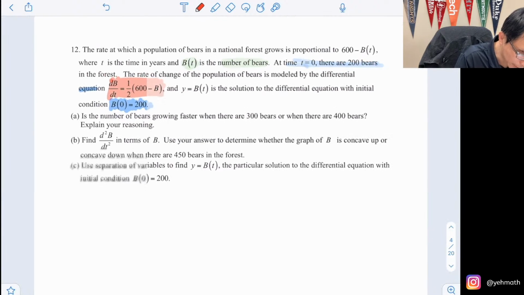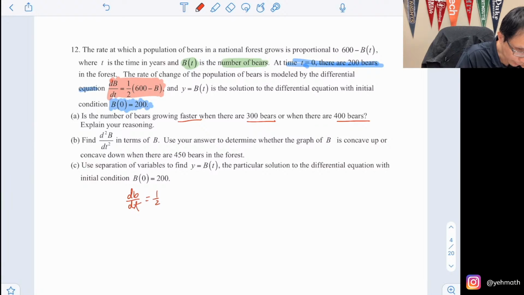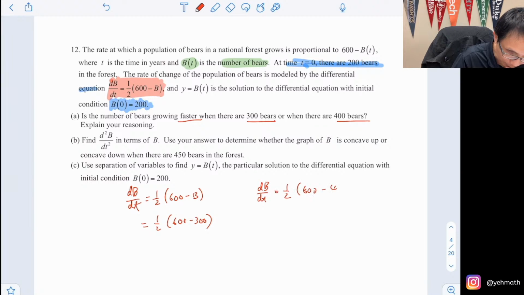For the first part, they want to know whether the population is growing faster at 300 bear or 400 bear. So you have to pay attention up here. dB/dt is equal to 1/2 times (600 minus B). I plug in 1/2 times (600 minus 300) versus dB/dt equal to 1/2 times (600 minus 400).